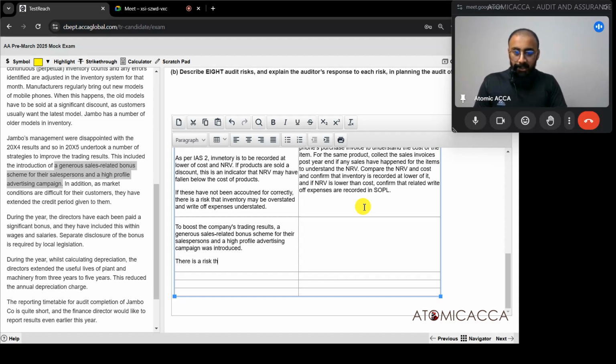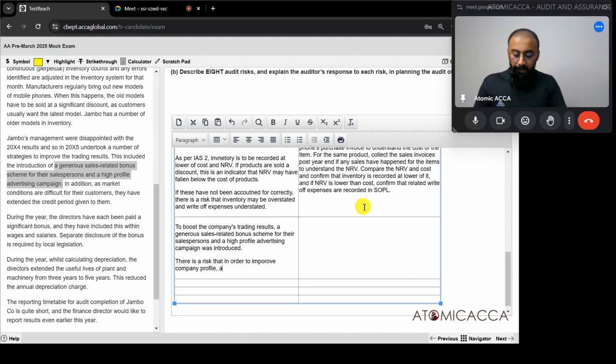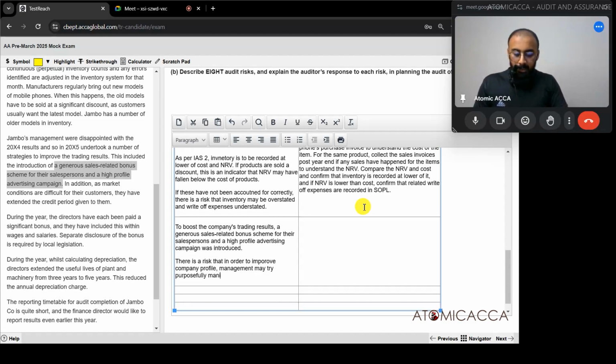There is a risk that in order to improve the company profile, accountants or management may try purposefully manipulating the SOPL figures.